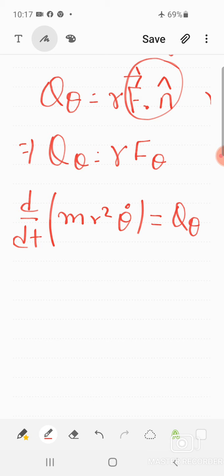And if we find the derivative of this with respect to t, first we differentiate r and then theta.